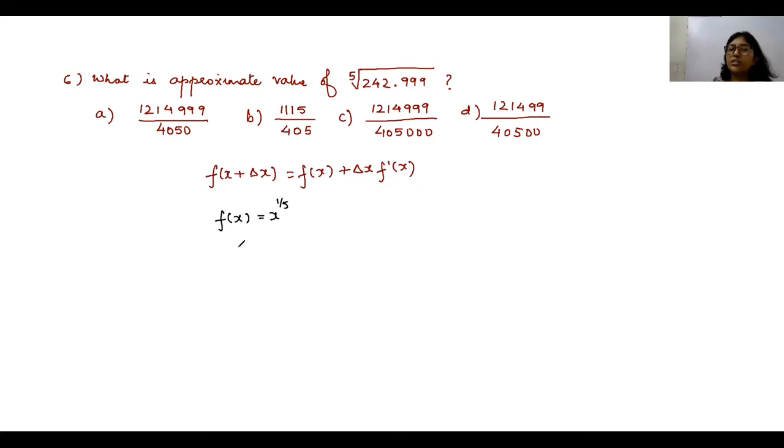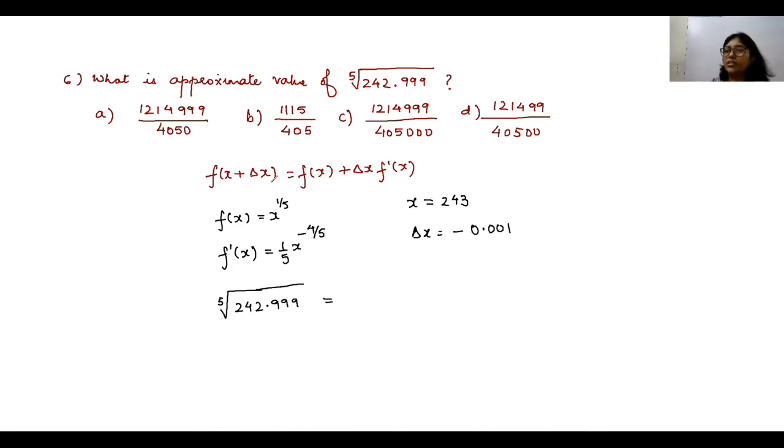So f dash x will be 1 upon 5 x raised to 1 upon 5 minus 1, that's minus 4 by 5. And x we will be taking 243 because the fifth root of 243 is 3. And delta x will become minus 0.001.